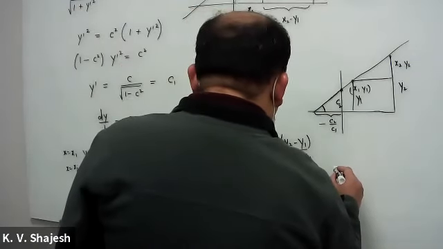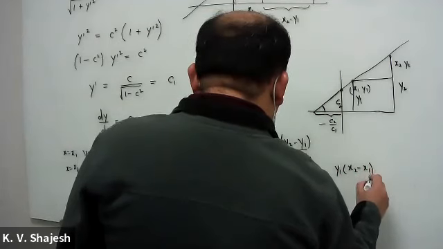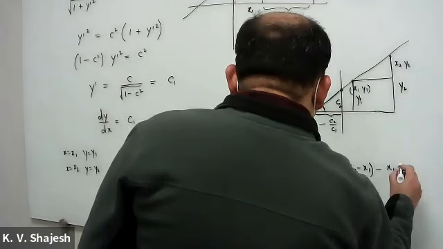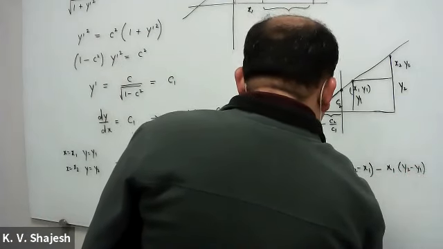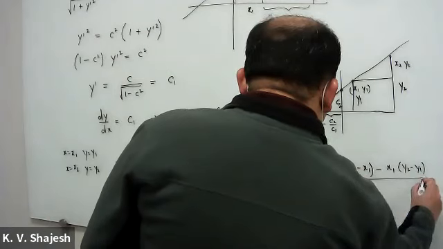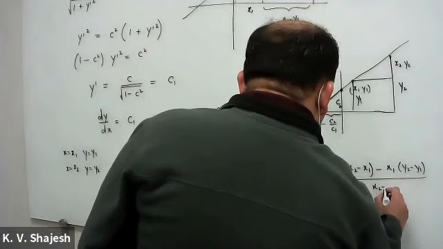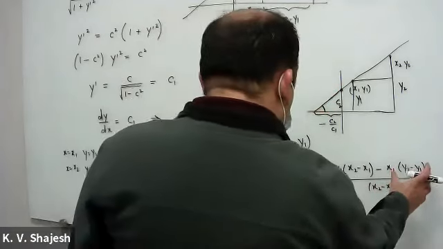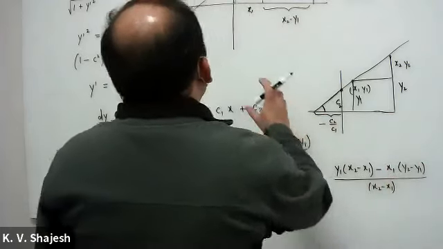So y1 times x2 minus x1, because there's a cancellation there, right? Minus x1 times y2 minus y1, divided by x2 minus x1. So that's how this looks. There's a slope here, slope multiplied by x1.